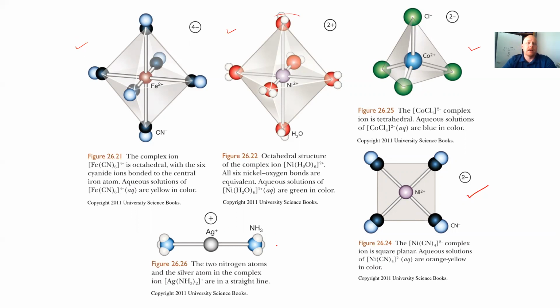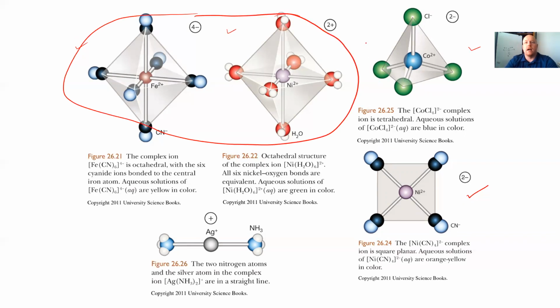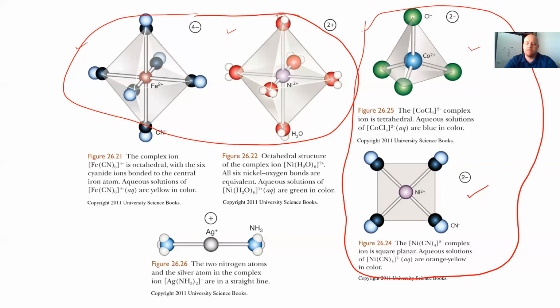Silver forms a complex ion that has 2 ammonia molecules bonded to it, and that'll form a complex that is linear. So these are all possible ways of having complex ions in their geometries, but again, the most common are going to be these octahedral complexes, and either tetrahedral or square planar. Those are the most common that we're going to see.